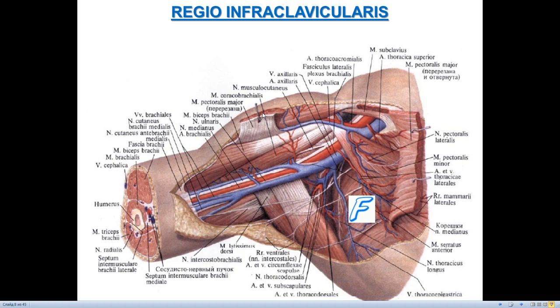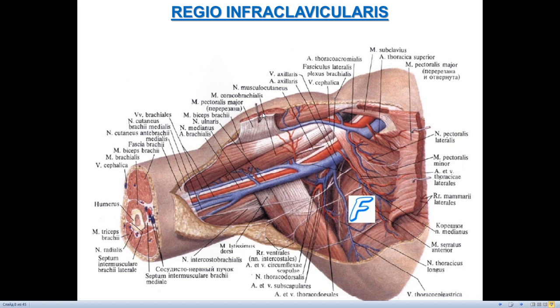Clavipectoral fascia passes from the anterior wall of the axillary fossa. Posterior to the pectoralis minor muscle rests the vessel-nerve bundle that exits from the inferior surface of the clavicle, usually on the middle part, and travels to the axillary fossa.